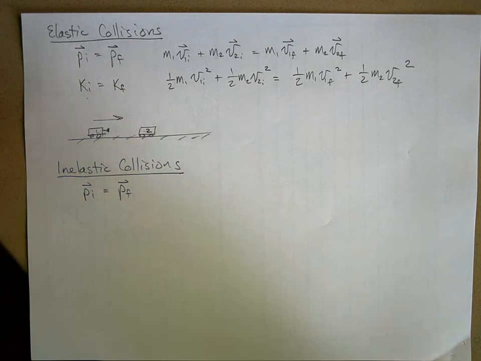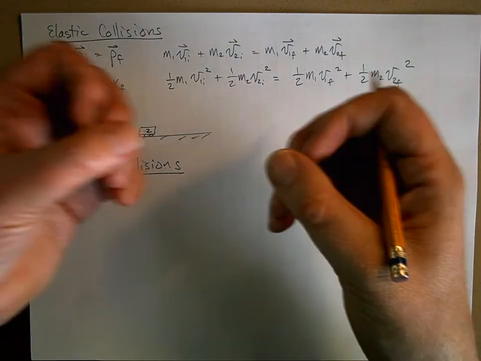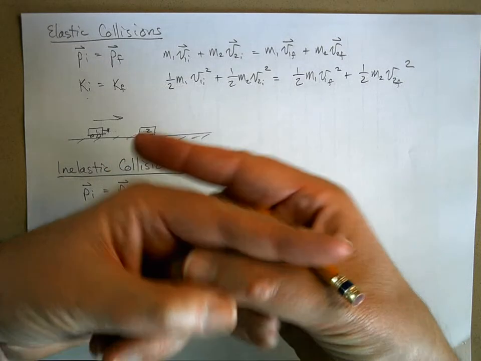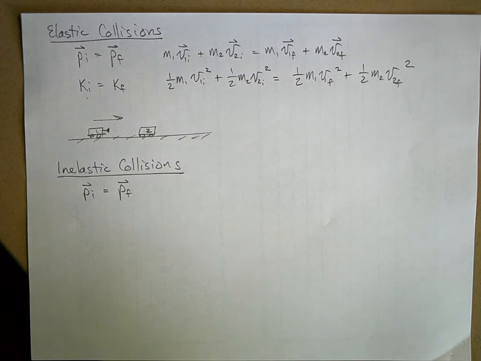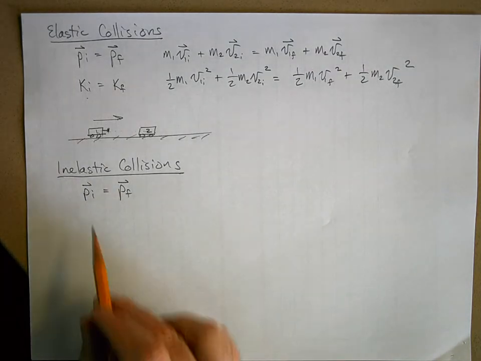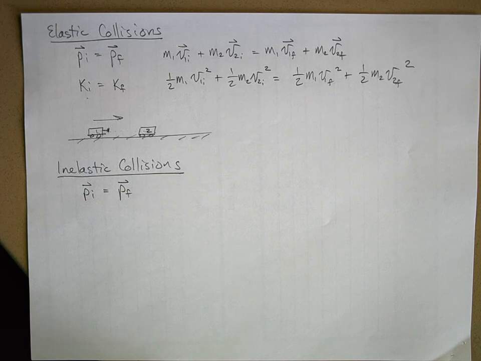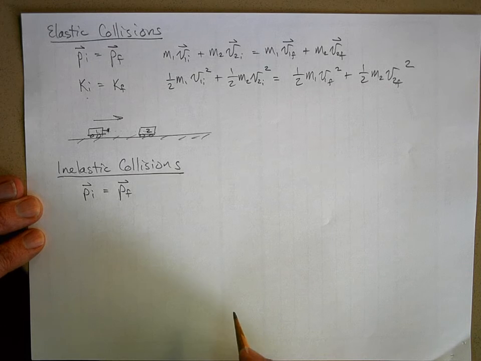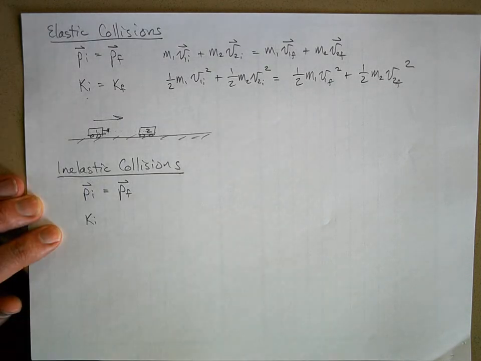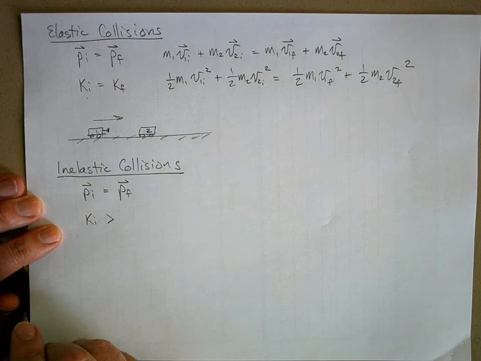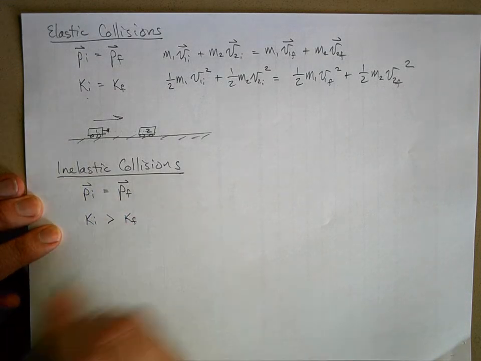Because none of that thought process we said where two objects collide and apply equal and opposite forces for equal times, that's Newton's third law, create equal and opposite impulses, equal and opposite changes in momentum, therefore the momentum is conserved. All that is still the same, even for an inelastic collision. But in an inelastic collision, you lose kinetic energy. That is, your initial kinetic energy will be greater than your final kinetic energy.